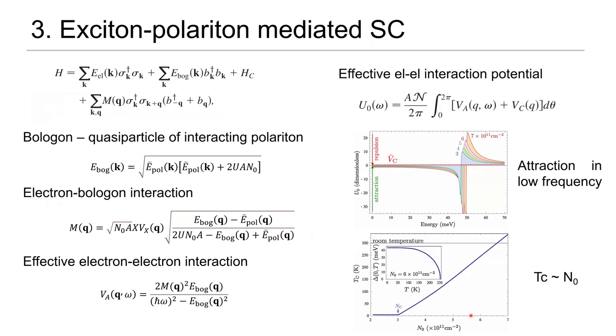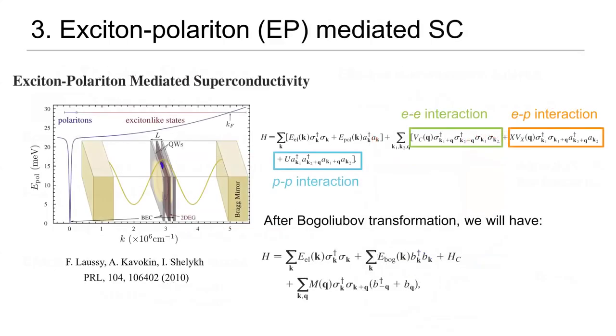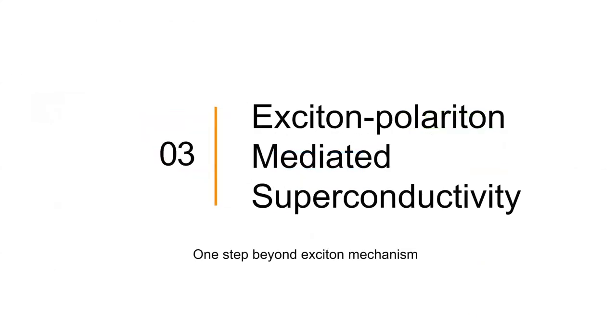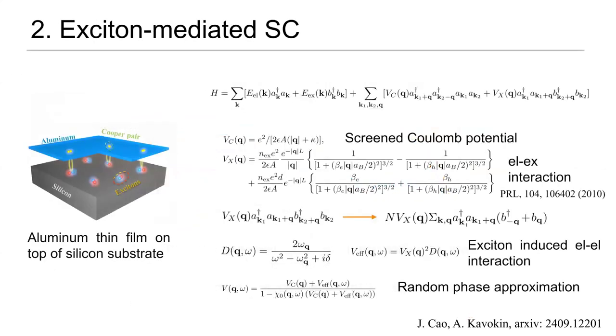Also the dipole length, the length of the exciton dipole, which I will show you in the electron-exciton interaction term, is very important, and also the Bohr radius of the exciton. These are the major parameters for the electron-exciton interaction.